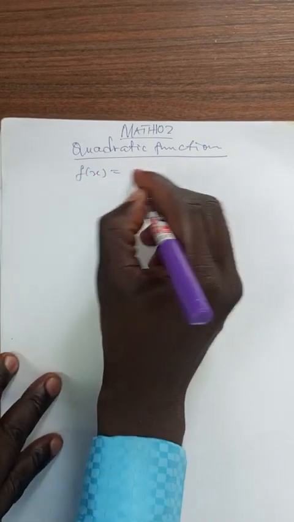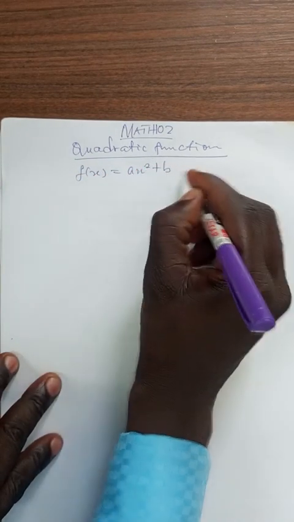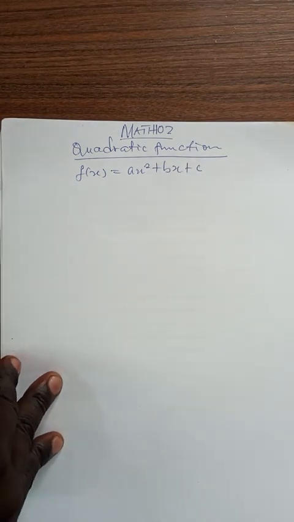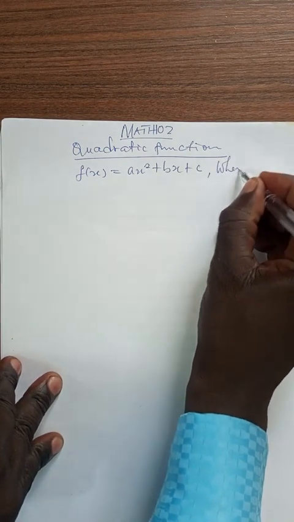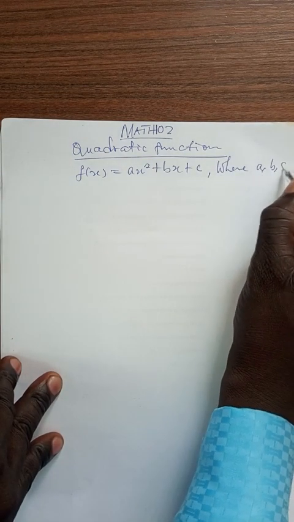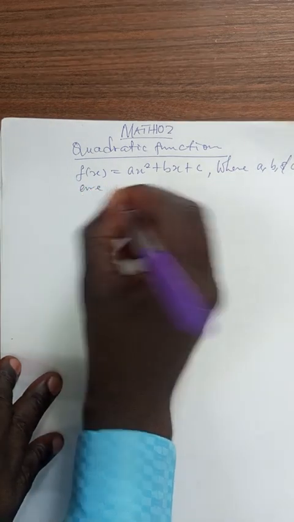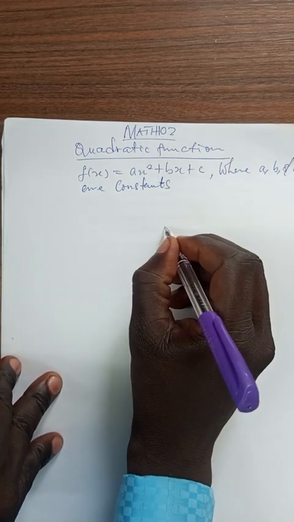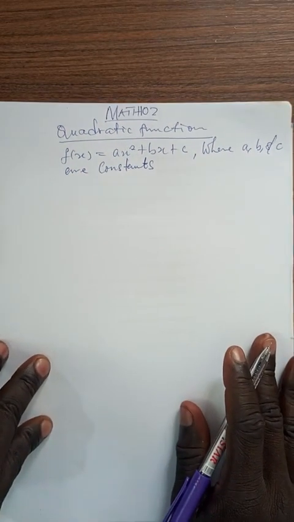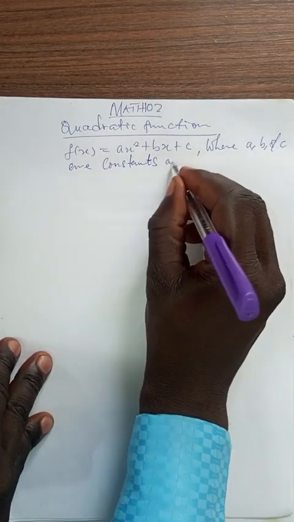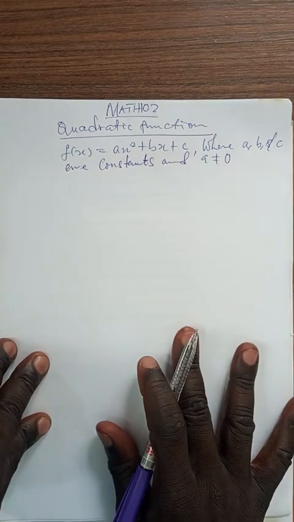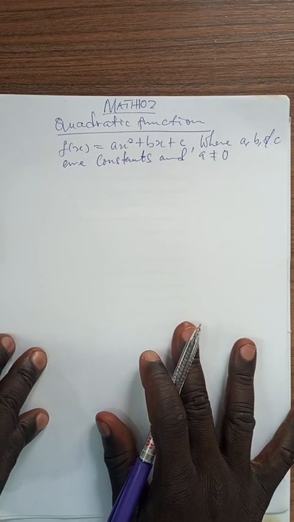Now a function of the form f of x is equal to ax squared plus bx plus c is called a quadratic function, where a, b, and c are constants, and a is not equal to 0 because the highest power of a quadratic function is equal to 2.